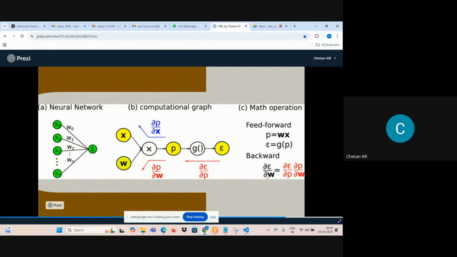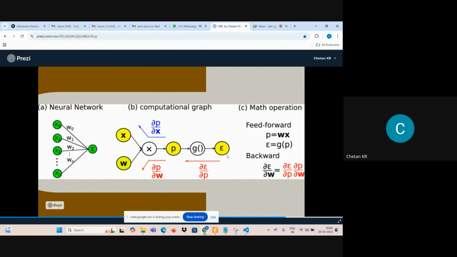Computationally, if you see the middle one, the computational graph, we have W and X, where W is the weight and X is the input. You multiply, this is the multiply operation, and you get P. On that you apply a function G and you get epsilon, which may be the output. You apply some activation function, finally you get some output.